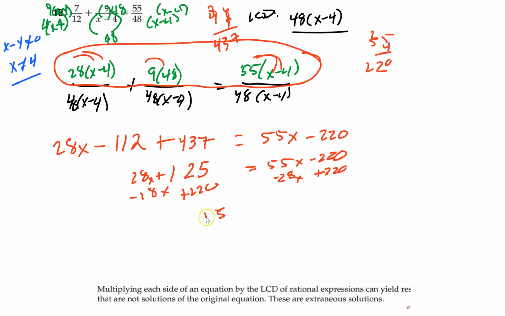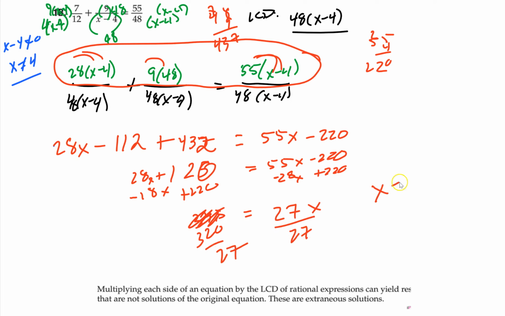And I get 543 equals, what's that, 27x? So it's something to that effect. And actually, there's a little mistake right here. There should have been a 2, I just noticed. That makes this 20 and makes this 320. It's not much prettier though. The rest is right. Divide by 27, and you get some fraction. That's not 4, so we're good. But that ugly number is my answer.